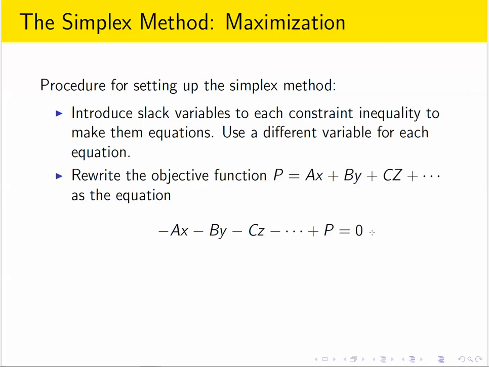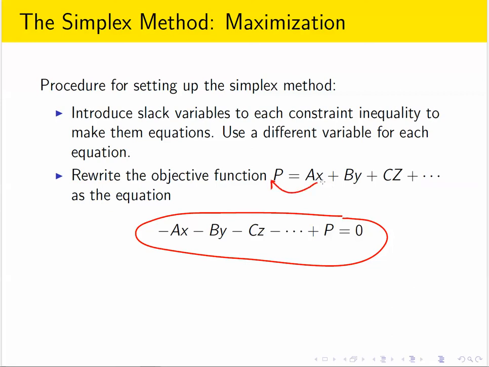Then we take the objective function and we rewrite it in this form with all of the variables on the left side. So it's as if we take the formula for our objective function and move all the variables and their coefficients to the left side. So notice that they change sign when we move them to the left side. We want to put everything on the same side as the symbol that represented the function itself.